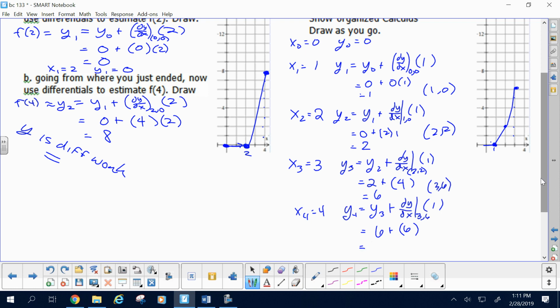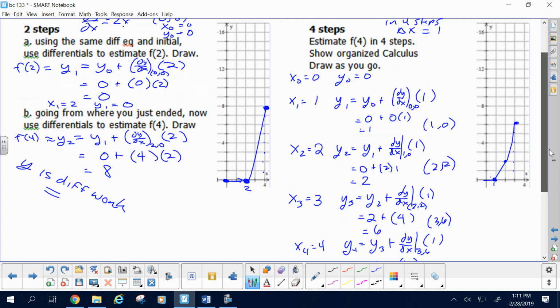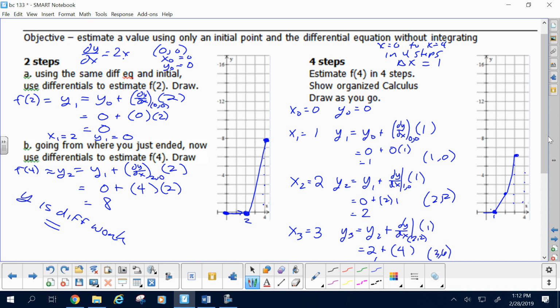That takes me up to 12. Now we're starting to get a heck of a lot closer to where we would expect, which is 16. And we could get better and better by doing more iterations or smaller delta x's.